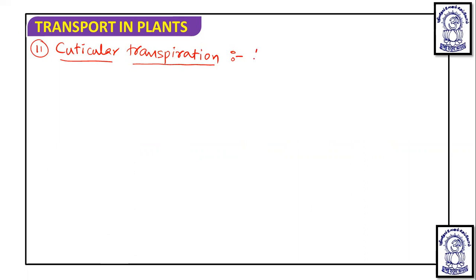Now after this, the second type of transpiration is known as cuticular transpiration. In cuticular transpiration, there is a loss of water vapor via the thin cuticle.